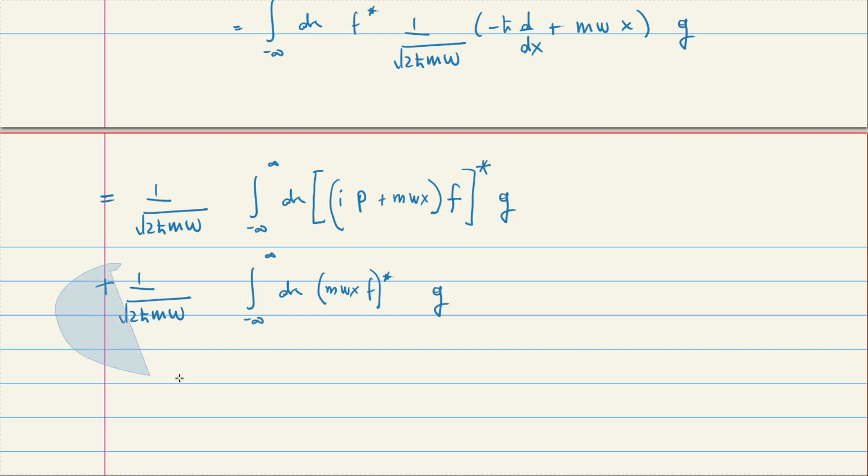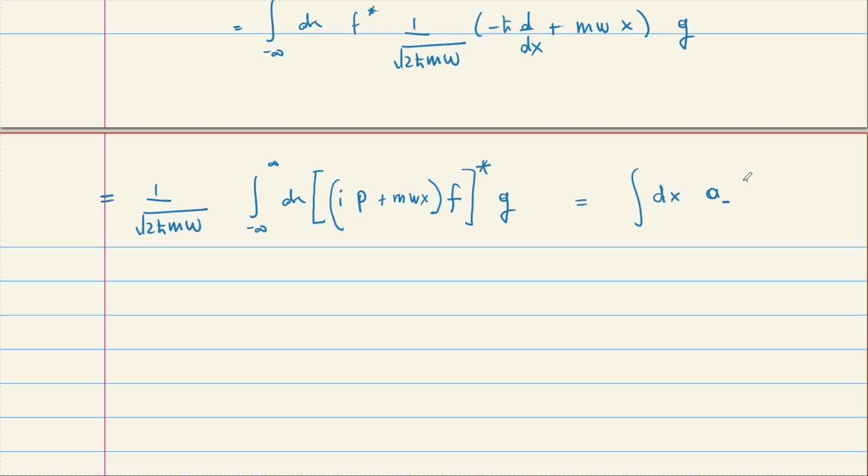Now, since I wrote this piece, I can also take it back. But now I know what this is. This and this is equal to the integral dx of A minus acting on F, complex conjugated, times G. Any questions?